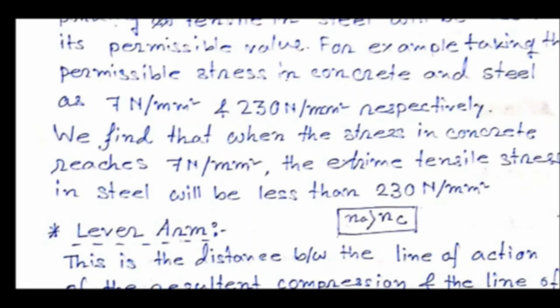That means the actual neutral axis in this case is greater than the critical neutral axis. Now in case of the cross section of the rectangular section, from the top fiber, the position of the actual neutral axis is deeper than the critical neutral axis. I think this is clear.